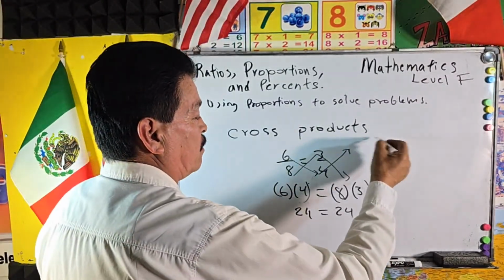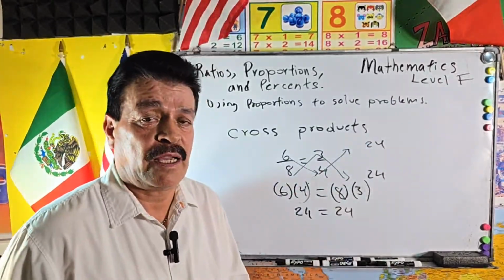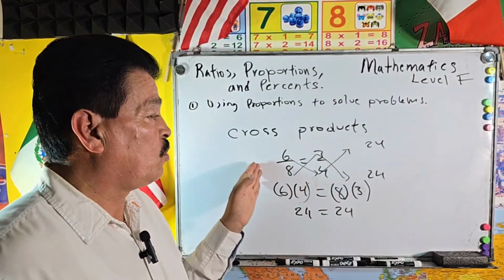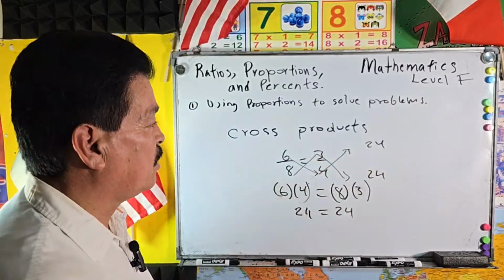So it equals, right here is 24, 24. This means that it's a proportion. When two fractions are equal, it means it's a proportion, using a cross product.